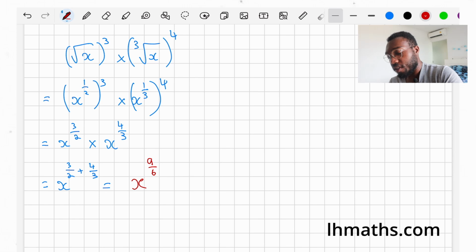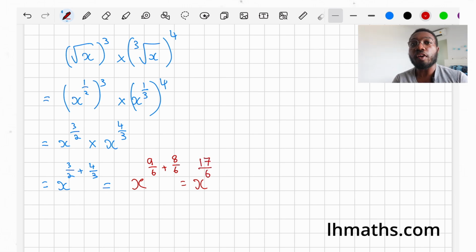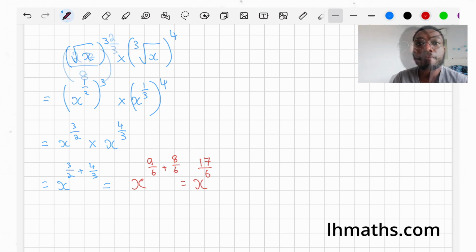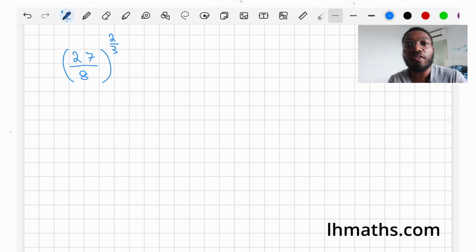And we get 9 over 6 plus 8 over 6, and then that would equal x to the power of 17 over 6, okay?